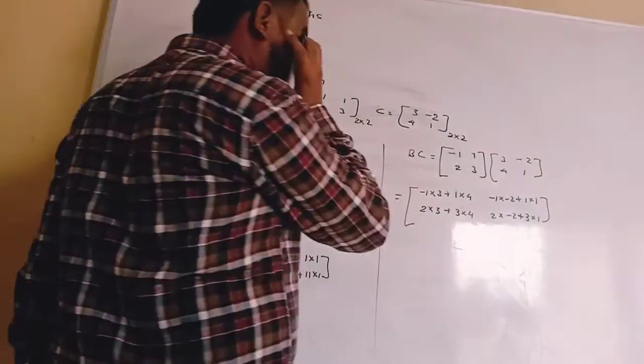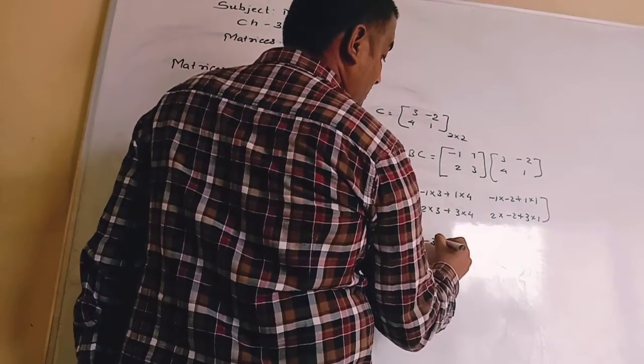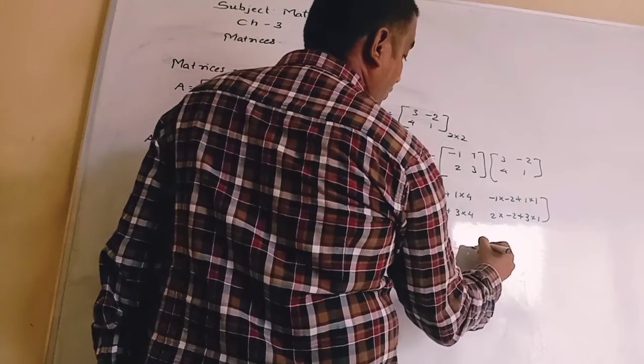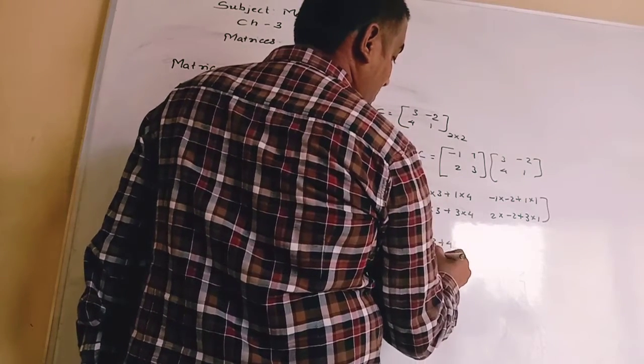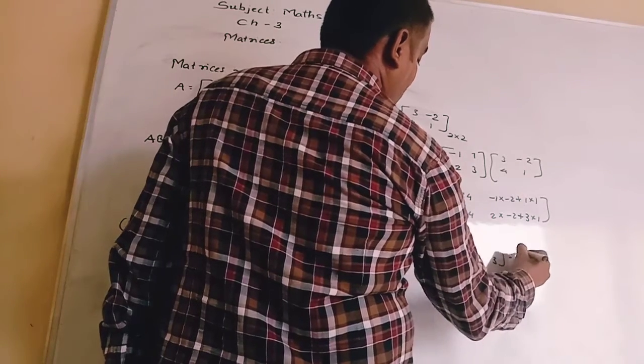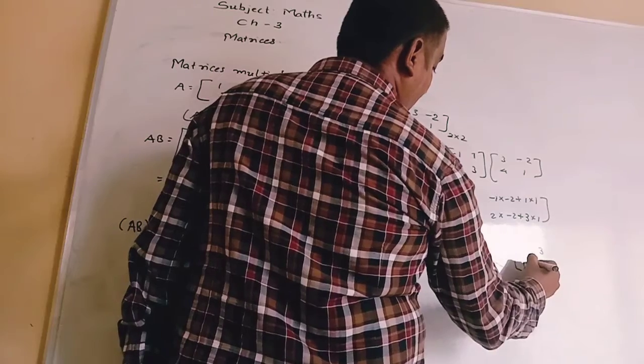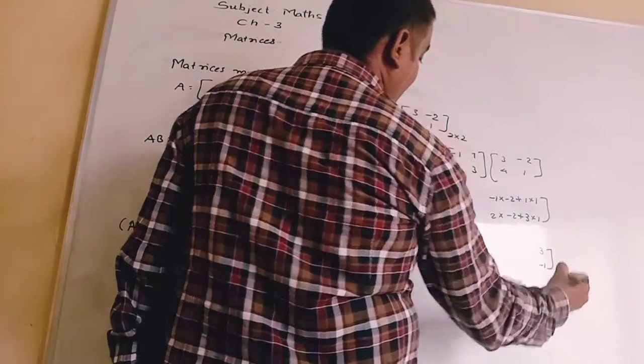Its simplification will give us -3 plus 4, 2 plus 1, 6 plus 12, -4 plus 3, and so it will be 1 3 18 and -1.